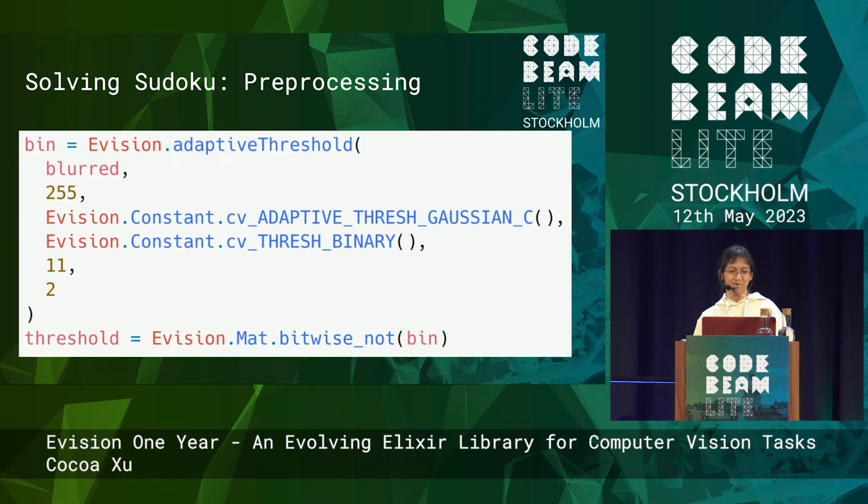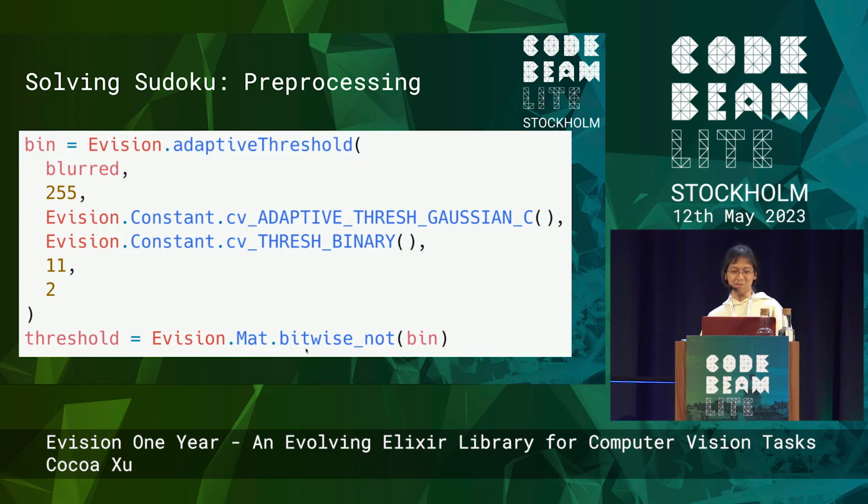And then we will do an adaptive threshold. Basically, this will apply some algorithms defined in OpenCV, and it will give you a binarized image, and then we can do this bitwise not.